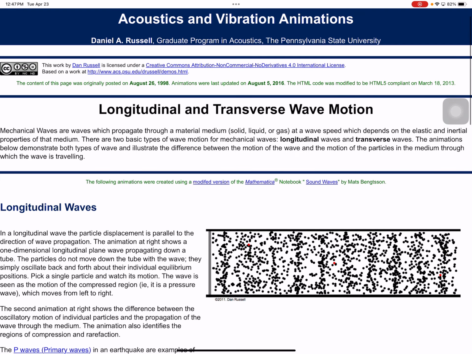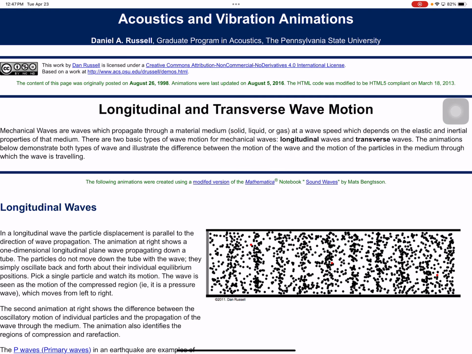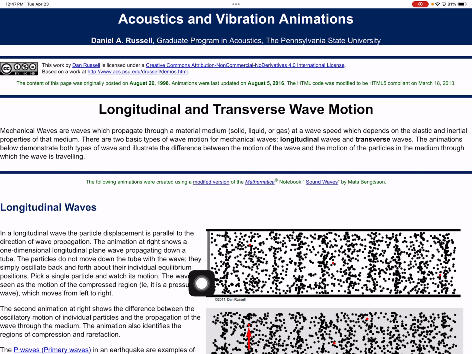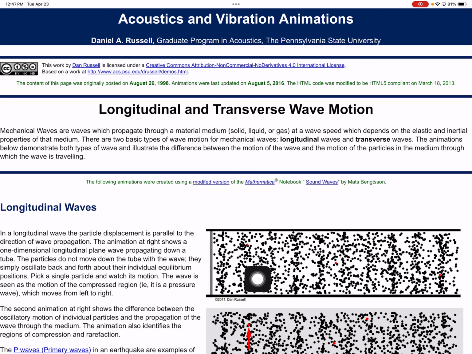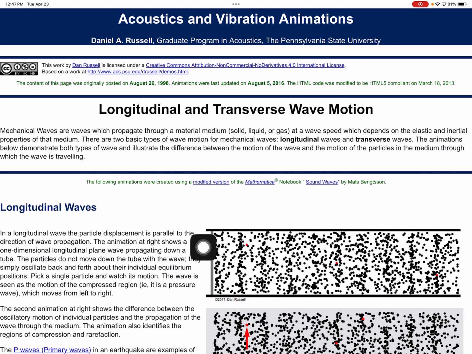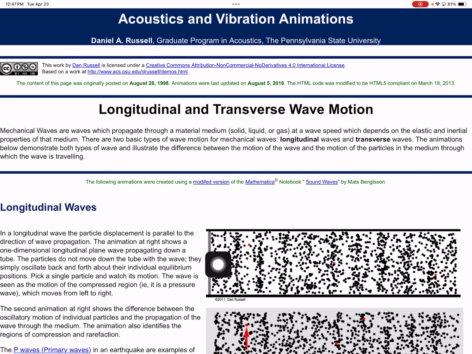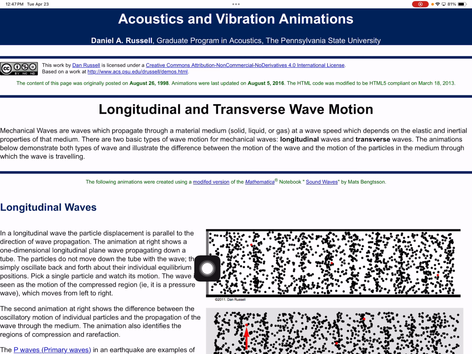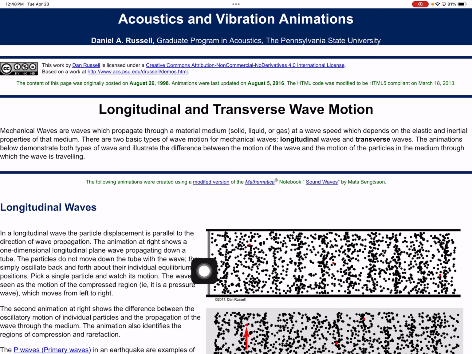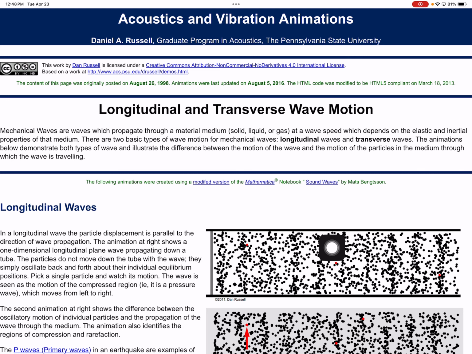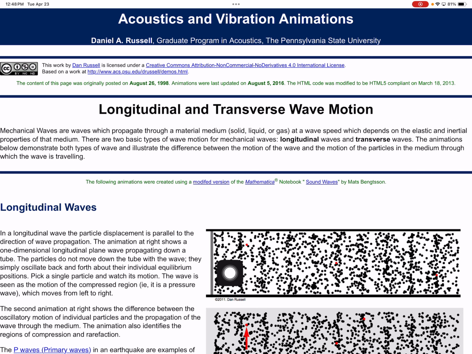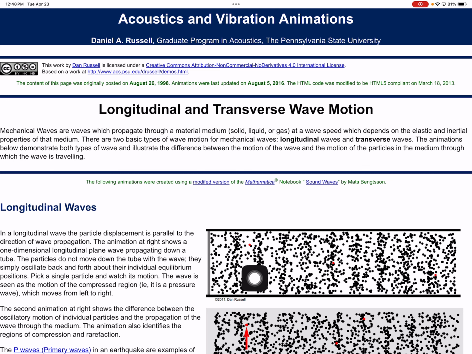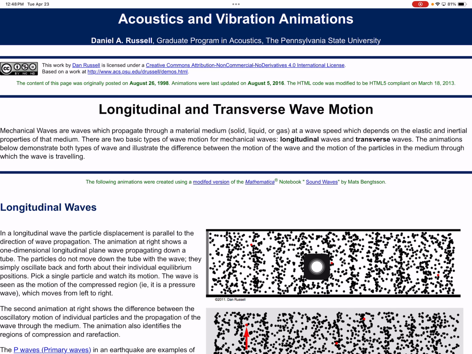Here are longitudinal waves. Here's a sound wave being generated in air. You take a diaphragm and the diaphragm oscillates. This oscillator is pumping energy into the medium, and you see it's creating regions of high pressure and low pressure.